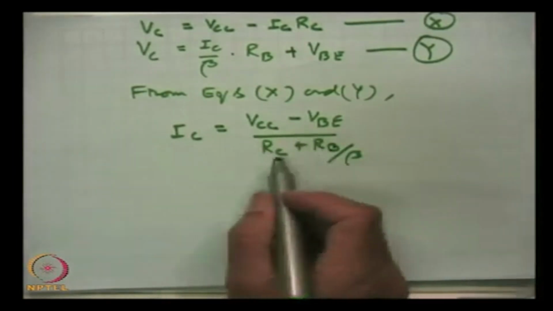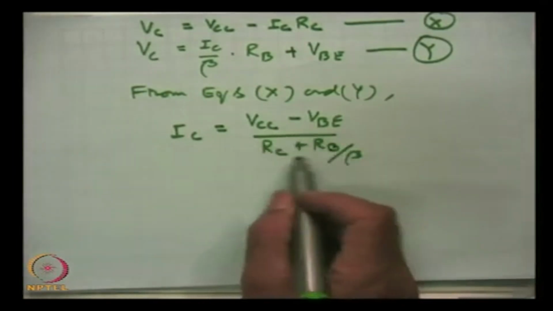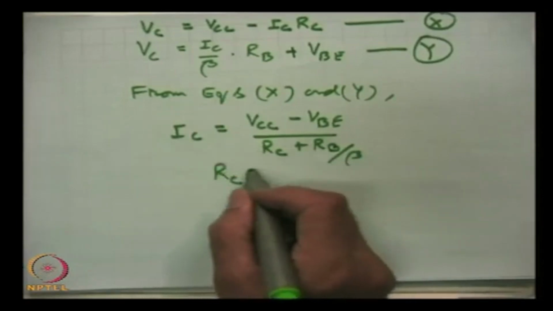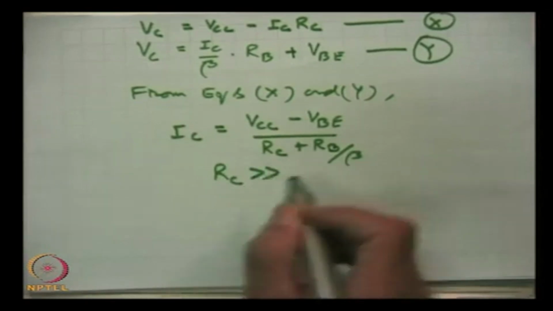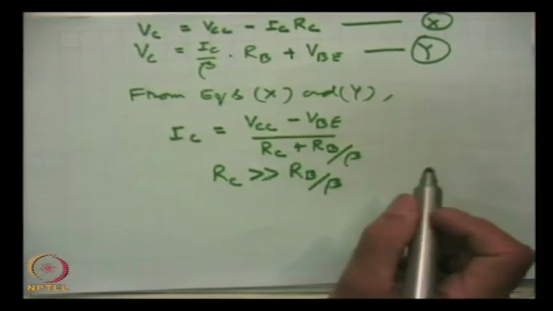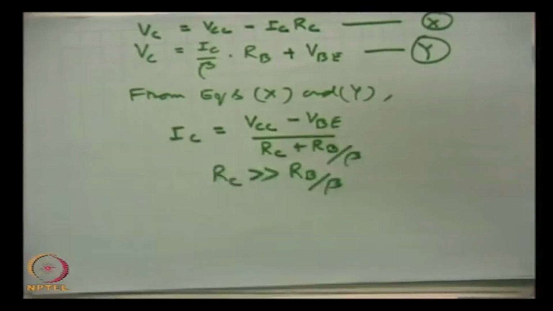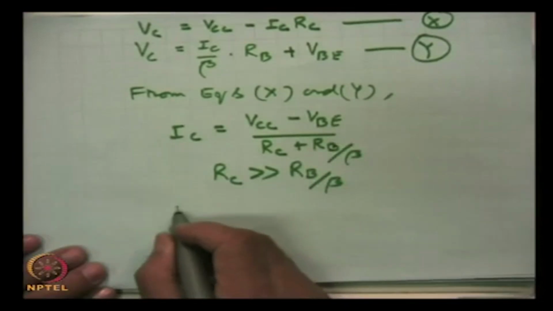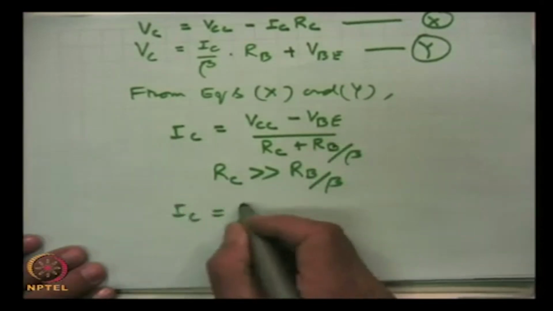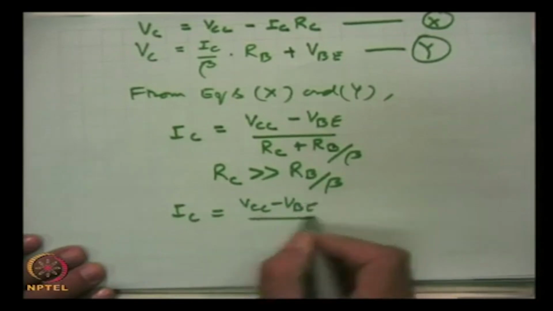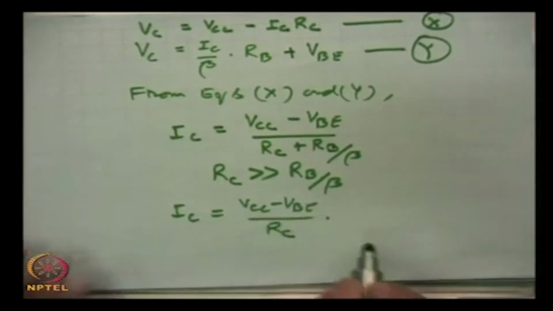So if we can take care of this condition, RC to be high compared to RB by beta, then this will show high stability. This term may be dropped, and IC will become equal to Vcc minus VBE divided by RC.